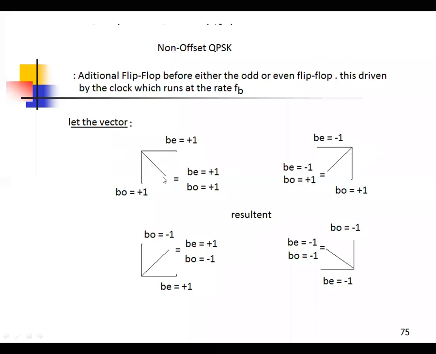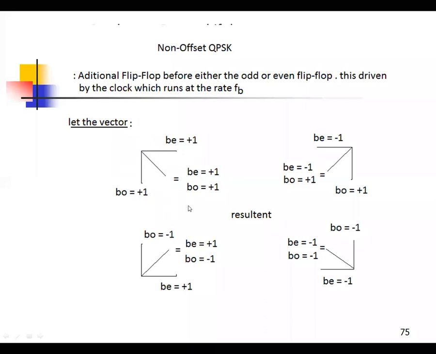So we simply make a notation. There are 2 bits, and one bit and the other bit are at a 90 degree phase angle. The x-axis positive side is BE +1, the x-axis negative side is BE -1, the y-axis positive side is B naught +1, and the y-axis negative side is B naught -1.